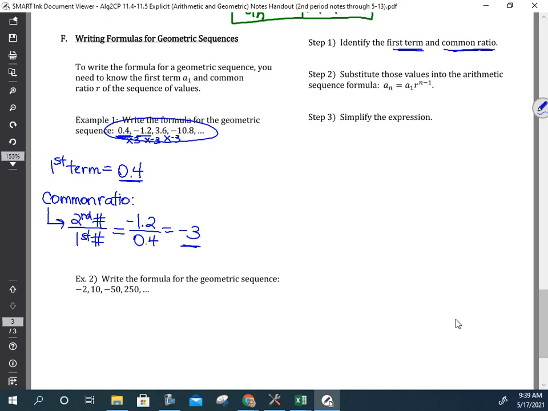So for example 2, first one, just be sure. It goes for all of them, but the second example is not -3. That would be -5.